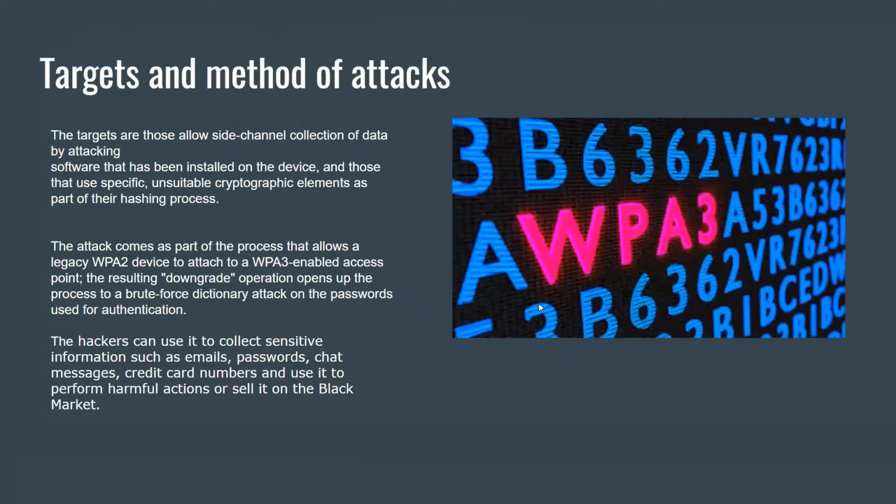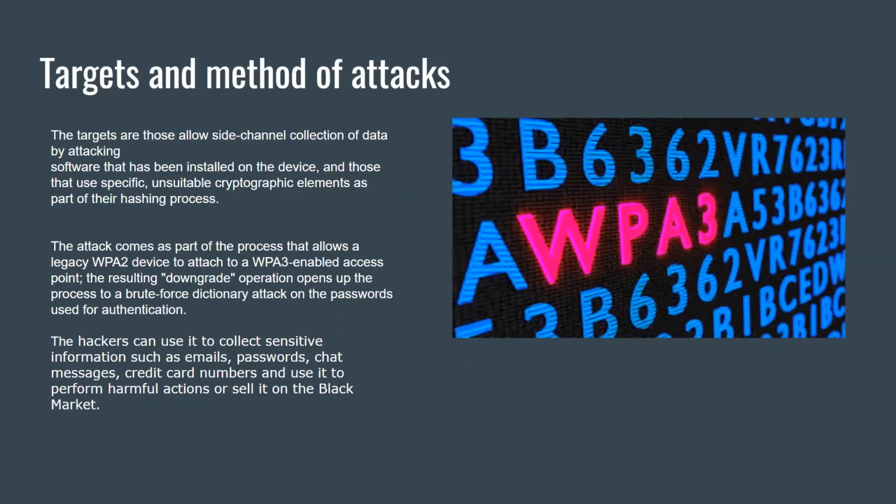As I give the definition of the Dragonblood attack, the targets are mostly those who allow side channel collection of data by attacking software that has been installed on the device, and those that use specific unsuitable cryptographic elements as part of the hashing process.